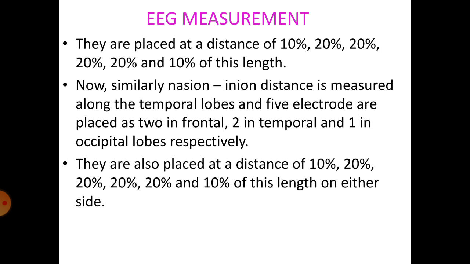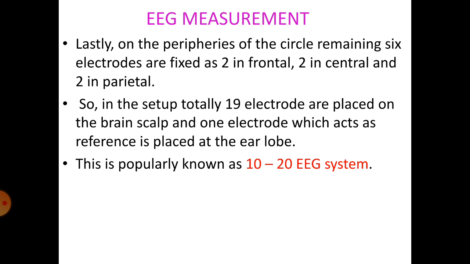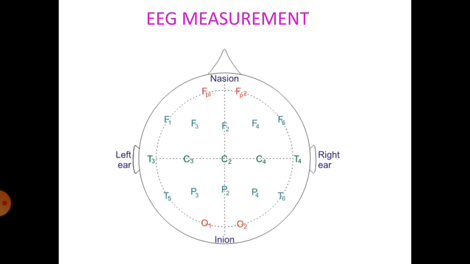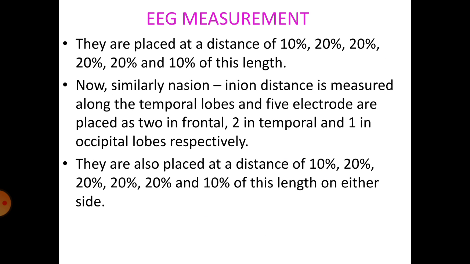Similarly, the nasion-inion distance is measured along the temporal lobes and 5 electrodes are placed, 2 in frontal, 2 in temporal and 1 in occipital. They are also placed at distances of 10%, 20%, 20%, 20%, 20% and 10% of this length on either side.